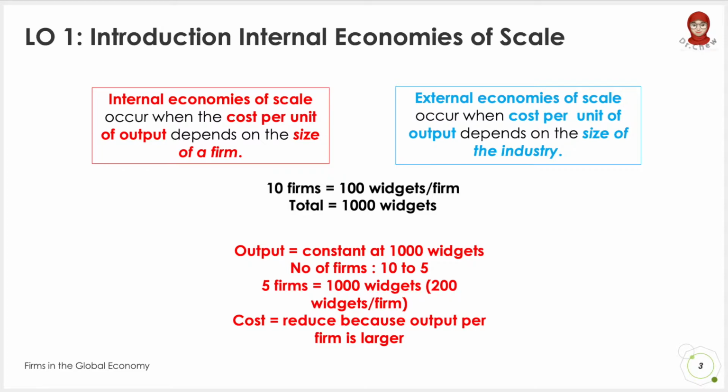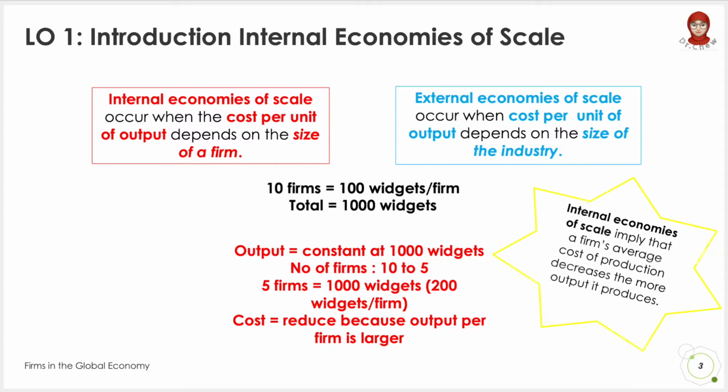If the cost of production falls in this case, then there are internal economies of scale. That is, a firm is more efficient if its output is larger. Therefore, internal economies of scale imply that a firm's average cost of production decreases the more output it produces.